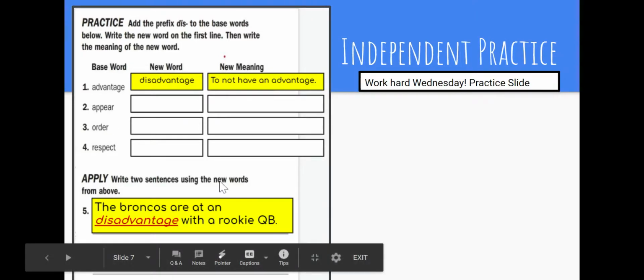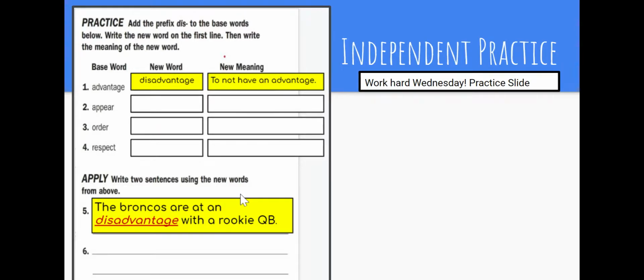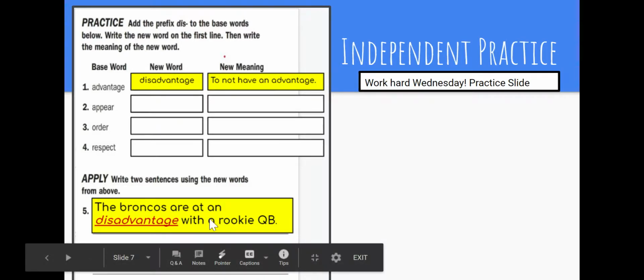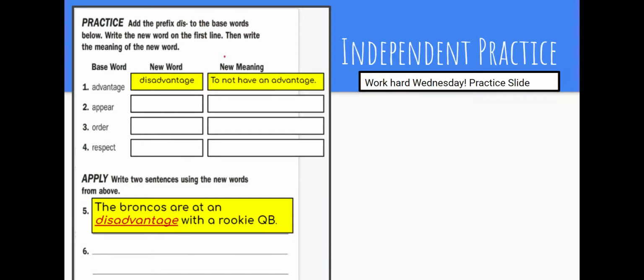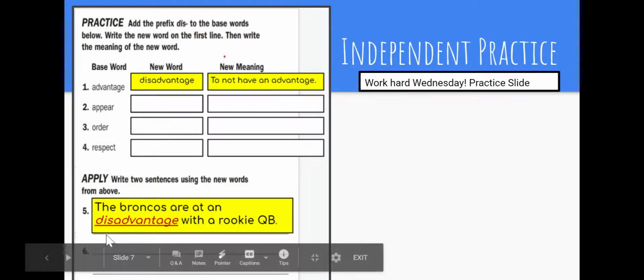Here's my example. The Broncos are at a disadvantage with a rookie quarterback, period. Don't forget that period at the end of your sentence. My sentence starts with a capital, it ends with a period, and I made sure that I used the new word that I created, disadvantage. Make sure you're also using the new word as well.